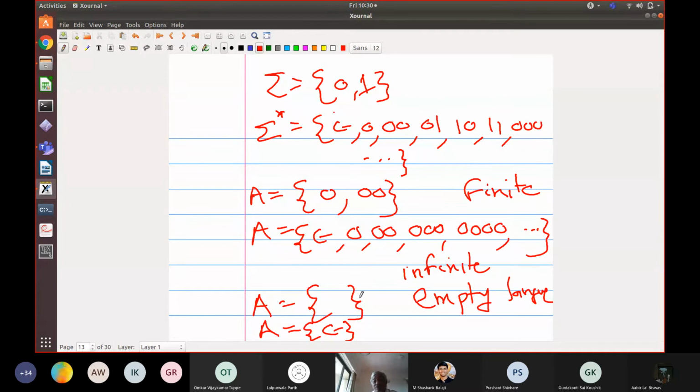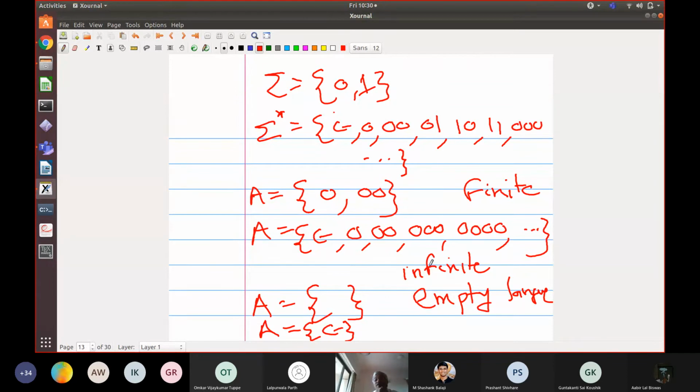So don't confuse the empty language with the empty word. These are different things. These are some of the technical points at the beginning of the course you have to pay attention to. Please remember, the empty set is different from a set containing the empty word. Some languages may contain the empty word, and some may not. This language has the empty word in it. This language does not.